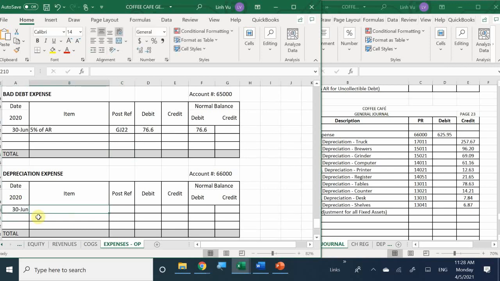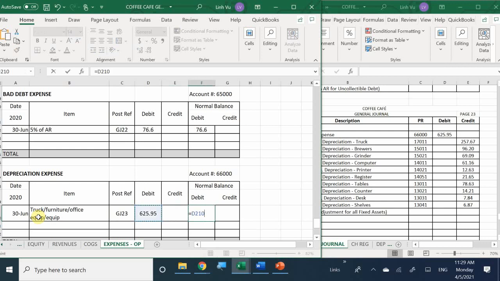We can say for truck, furniture, office equipment, and actual equipment. General Journal 23, since we started on a new one. And it's for the grand total of 625.95.